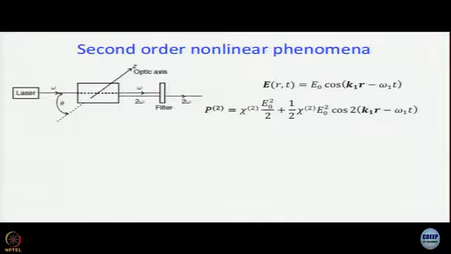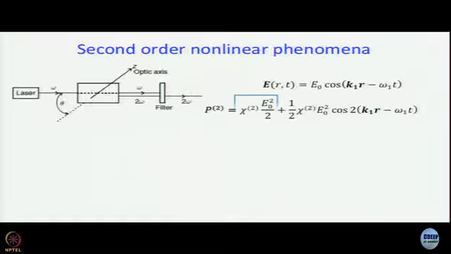The second order term for polarization is given by second order nonlinear susceptibility multiplied by E0 square by 2, plus half second order nonlinear susceptibility multiplied by E0 square cos 2 theta, where theta is k1 r minus omega t. What is the angular frequency associated with this second term? 2 omega 1, that is right.